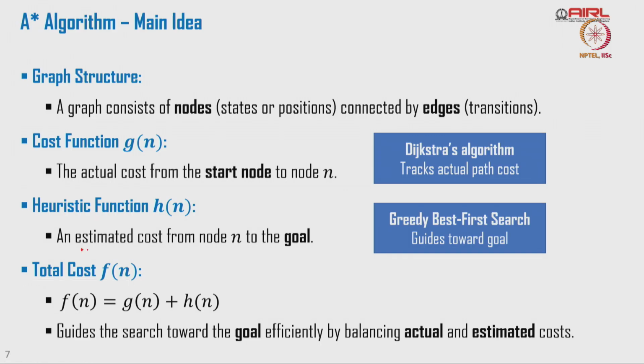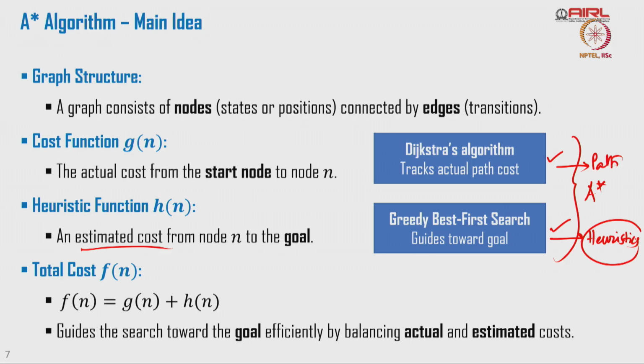So, Dijkstra algorithm tracks the actual path cost, and greedy best-first search gives the guidance towards the goal. We combine both in the A-star algorithm. The first one gives the path cost, the second one gives the heuristics, and with this additional information taken into account, A-star performs better compared to Dijkstra algorithm. Okay.